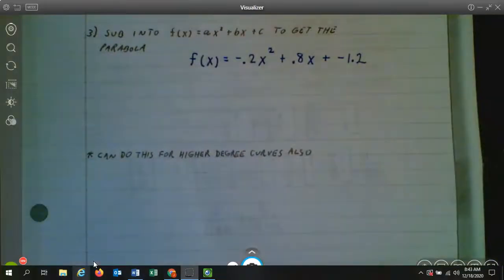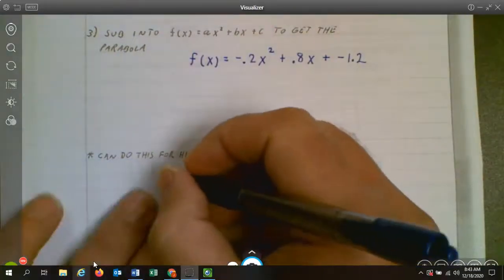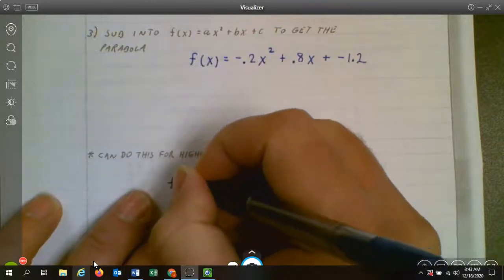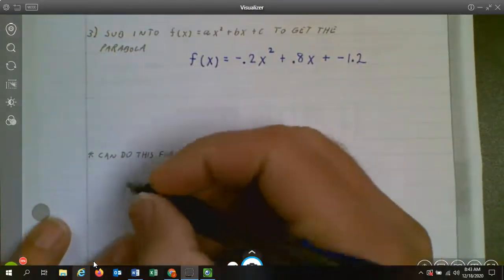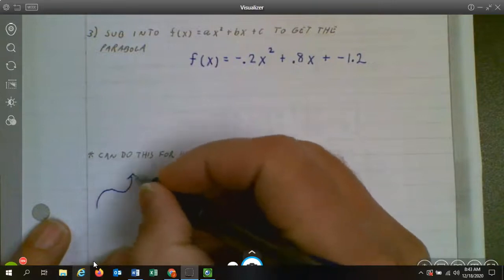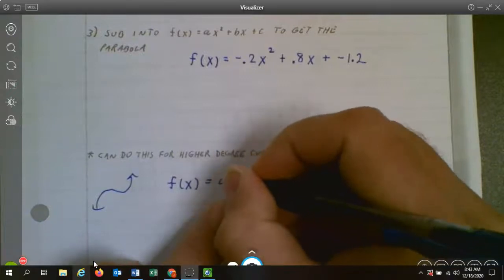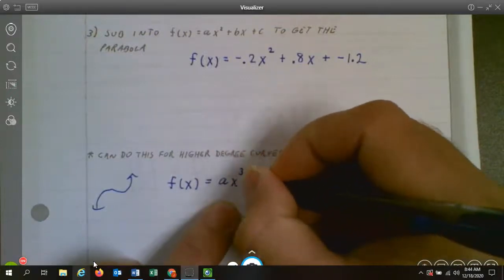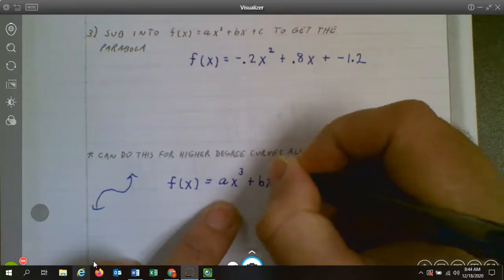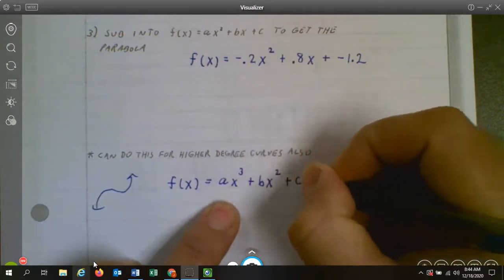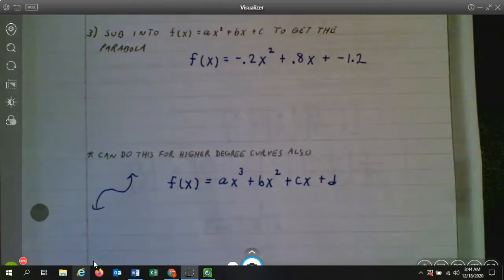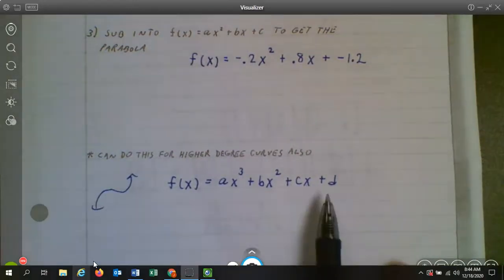If you were going to do this for something higher, let's say, for example, I wanted to do a cubic function, you know, like the S-shaped curves, these guys. If I wanted a cubic function, which looks like this, well, now I would need 4 points, and I would need 4 equations in order to be able to do something like this.